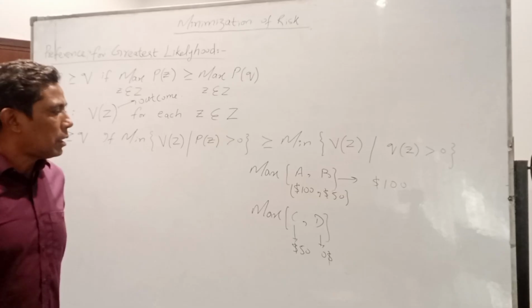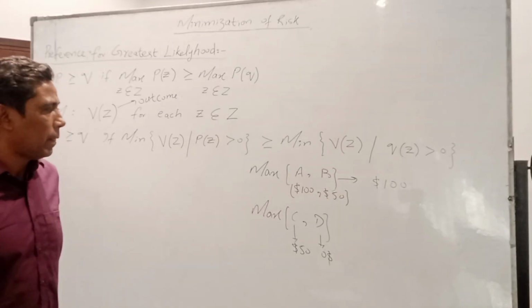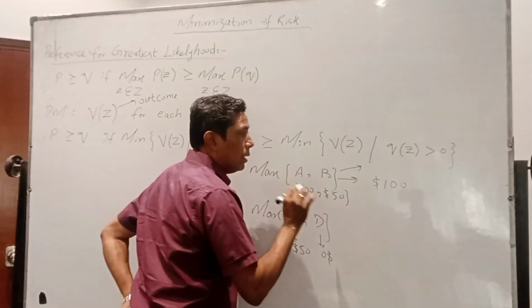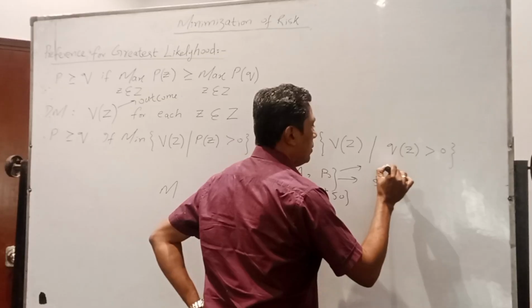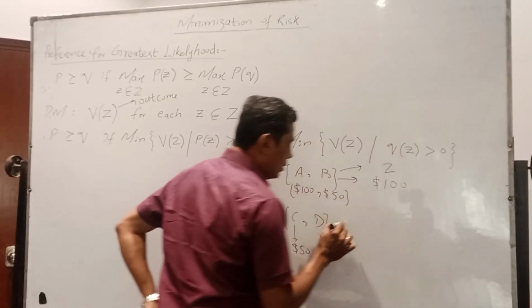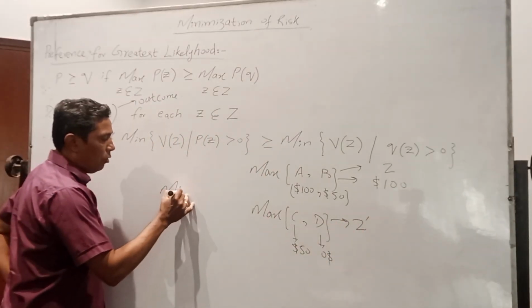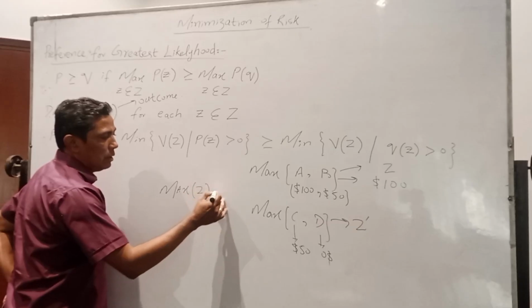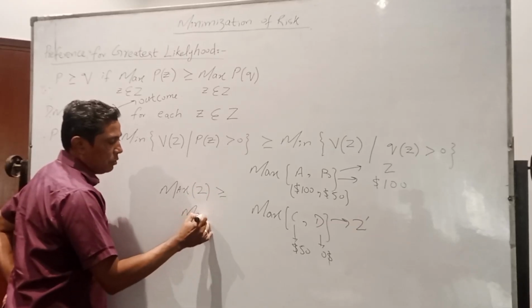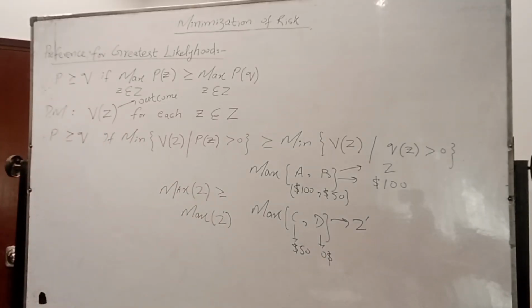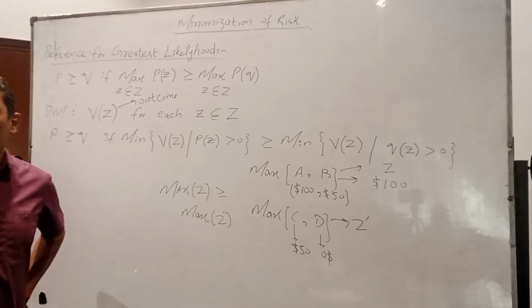So if I represent this outcome as Z, and this outcome as Z dash, I can say that max of Z is at least greater than max of Z dash. This condition is satisfied. Clear? So if I write this one, min is vice versa.